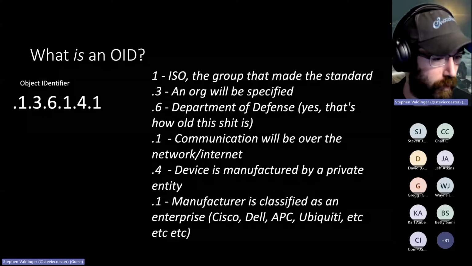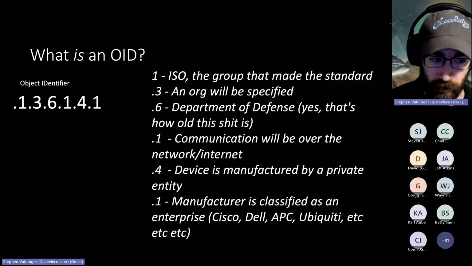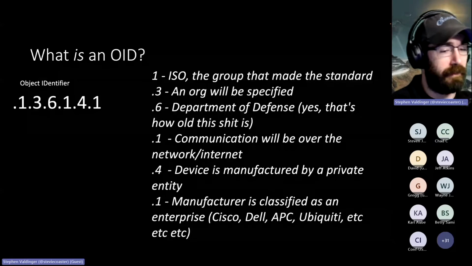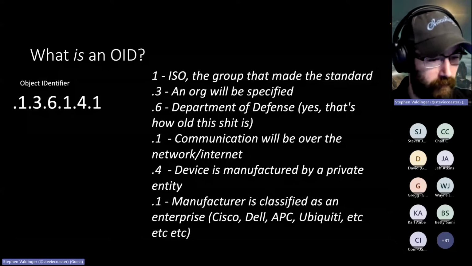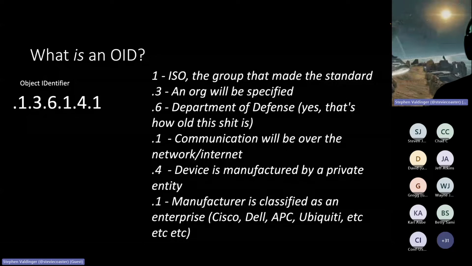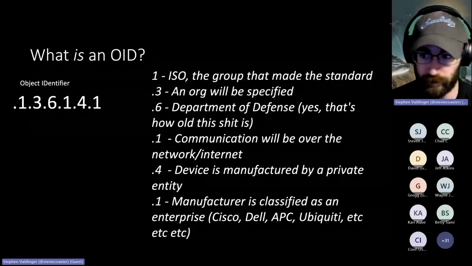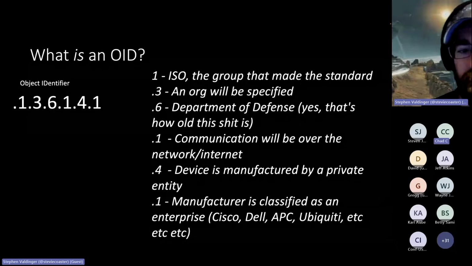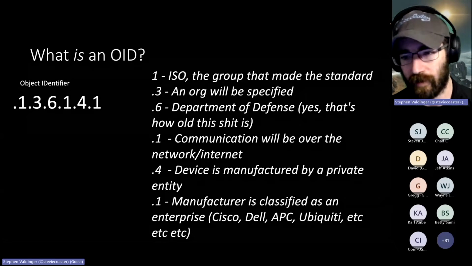The internet was formed as part of the military way back in the day, and this is when all this started. So it makes sense that the Department of Defense would be involved in SNMP. So that's what that dot six means.